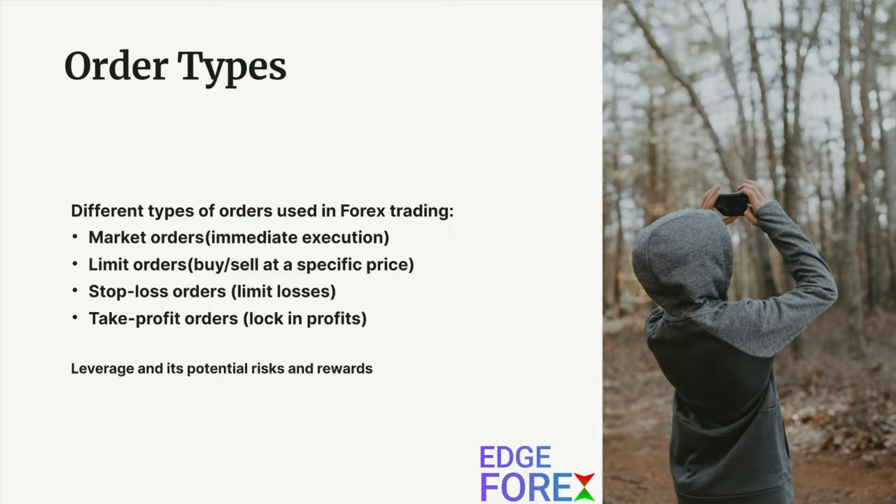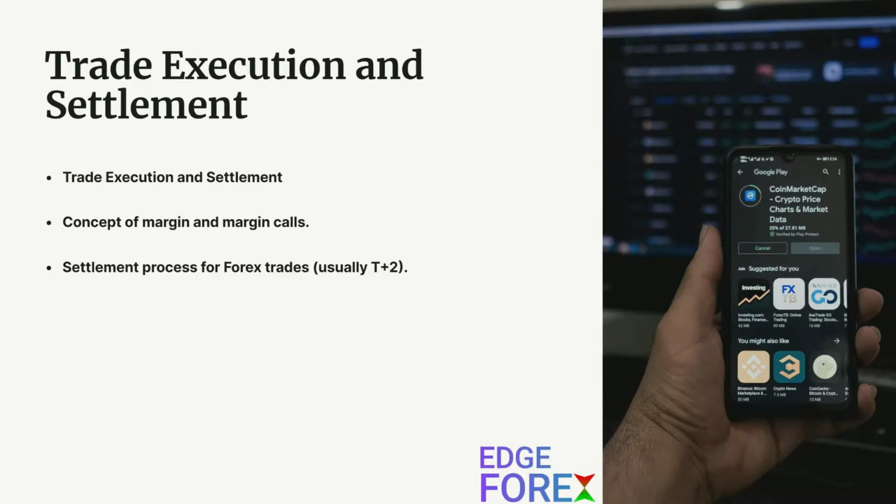In the next segment, we'll discuss how trades are actually executed and settled, providing a comprehensive understanding of the entire process. Now that we have explored order types and the concept of leverage, let's delve into the final steps of a trading process: execution and settlement. So you've decided on a currency pair, analyzed the market, and placed your order using the platform.